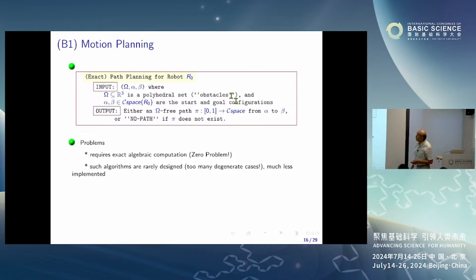Okay. So here's the exact alpha, either output a path or you output no. This is required. The generic.